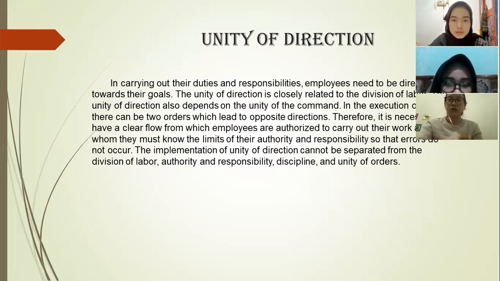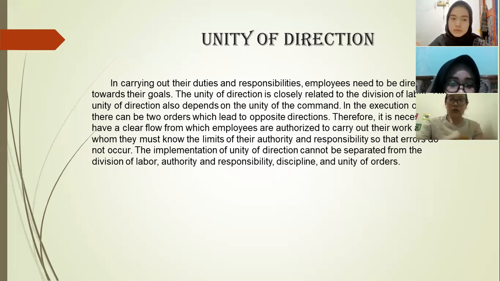Therefore, it is necessary to have a clear flow of who is authorized to carry out their work and to whom they must report, and employees must know the limits of their authority and responsibility so that errors do not occur.